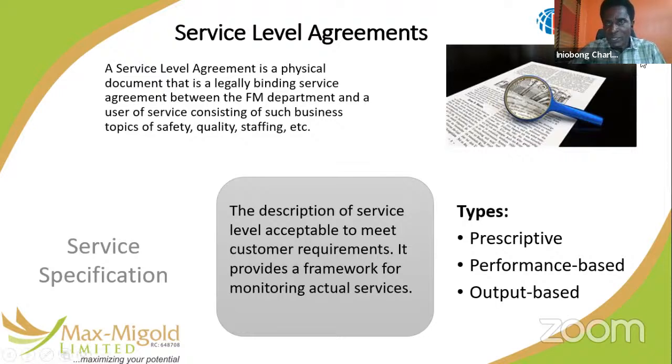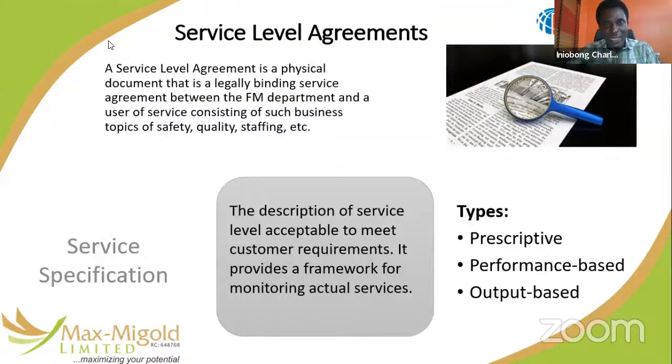So there are three basic types of SLAs. We have the prescriptive SLA, the performance-based SLA, and the output-based SLA. Now, when you are signing a contract, it is important for you to understand what type of SLA you are signing for.